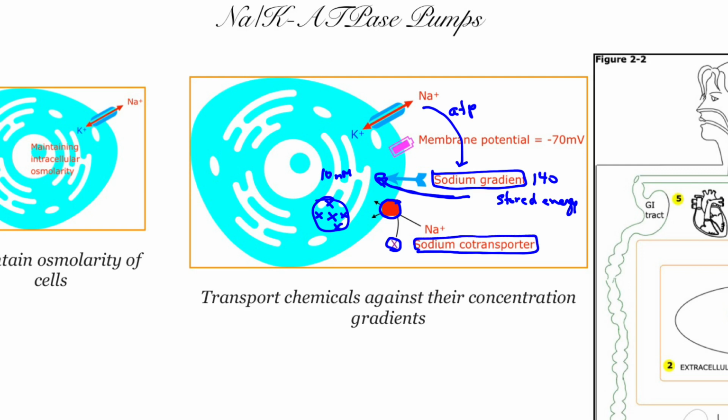It couples the entry of sodium, which is favorable, to the entry of X, which is unfavorable according to the concentration gradient. By using these sodium co-transporter proteins, it uses the stored energy of the sodium gradient to bring any chemical X from a low concentration to a high concentration.